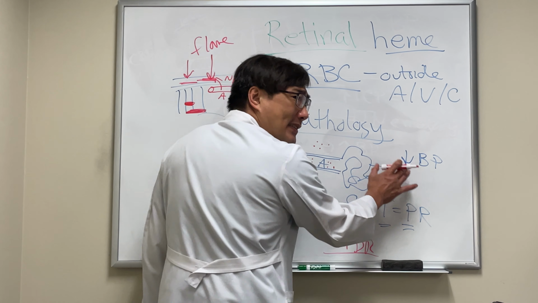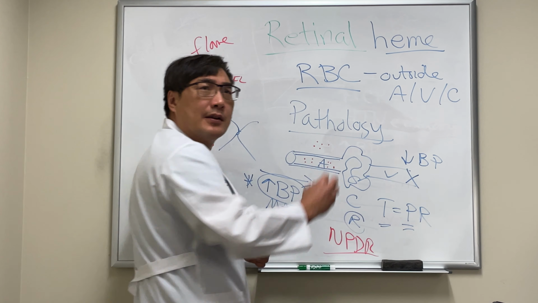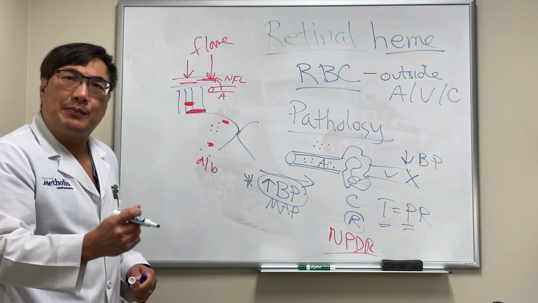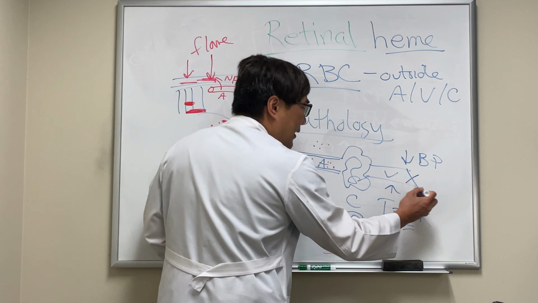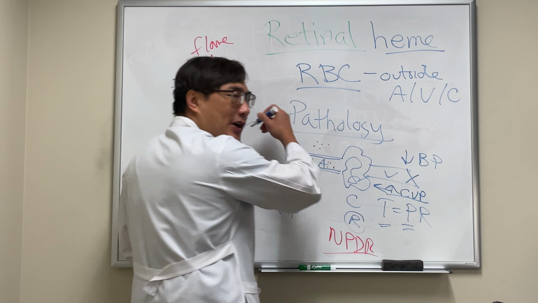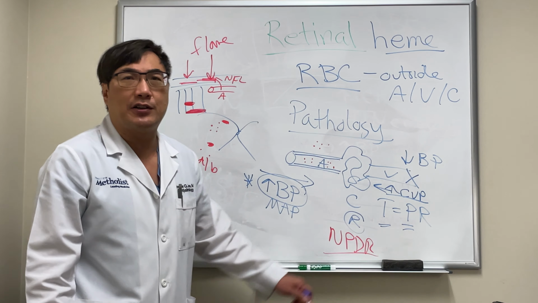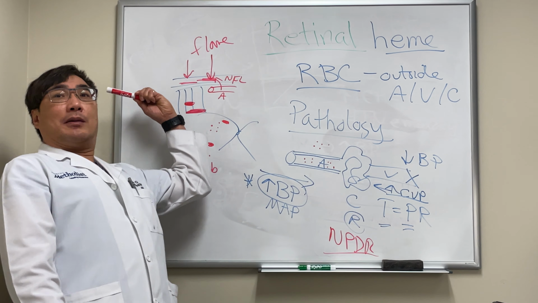If you're on the venous side, the way the hemorrhages occur is there's an occlusion. So you get a thrombus, and that might be a central retinal vein occlusion or a branch retinal vein occlusion. That will increase the venous pressure, and that venous pressure can be transmitted right into the central retinal vein. If you get the back pressure, the blood will come out.